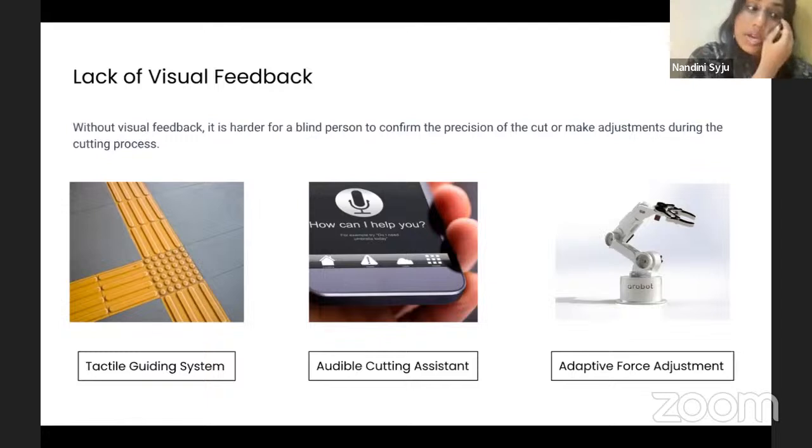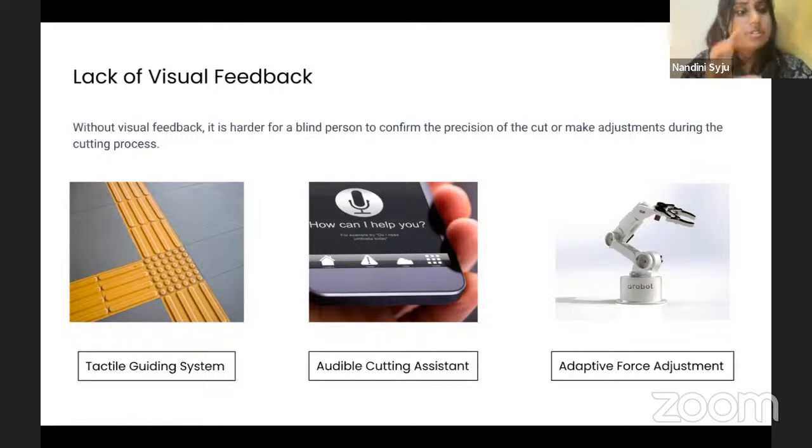Okay, so tactile guiding systems are something that is there in our everyday environment for a lot of reasons, and a good reason is to make the environment more accessible and user friendly for visually impaired people. And I'm pretty sure most of you have seen these guiding tiles in a lot of places like IKEA and DMart and even public places. So these are just an example of a tactile guiding system.